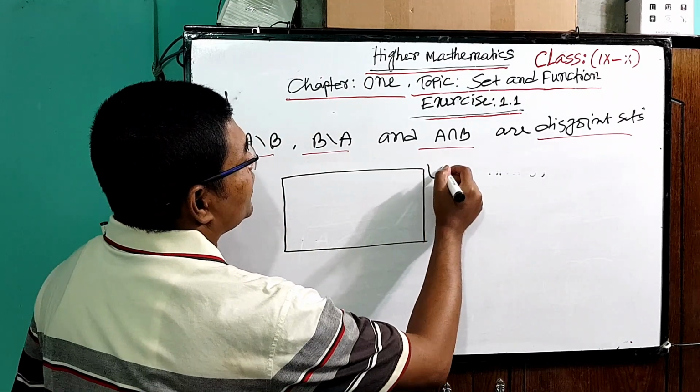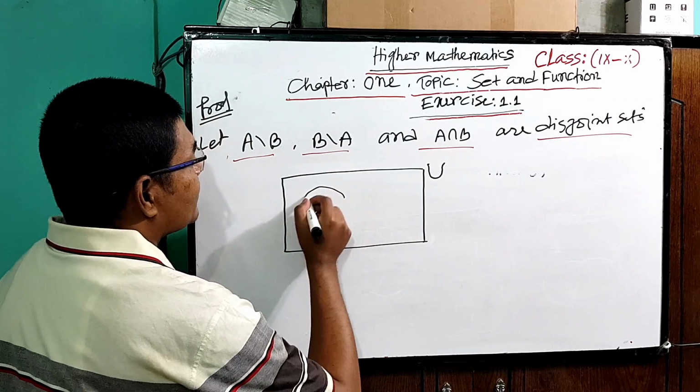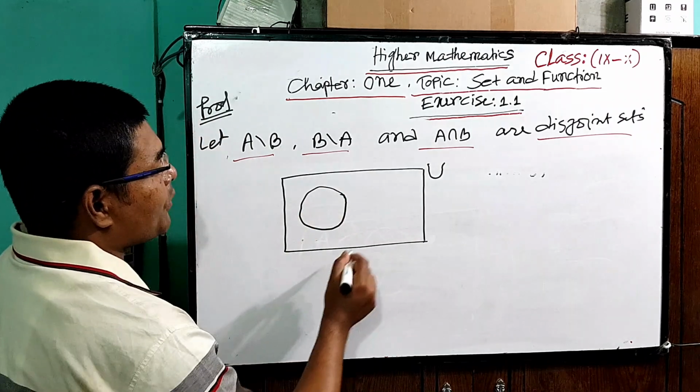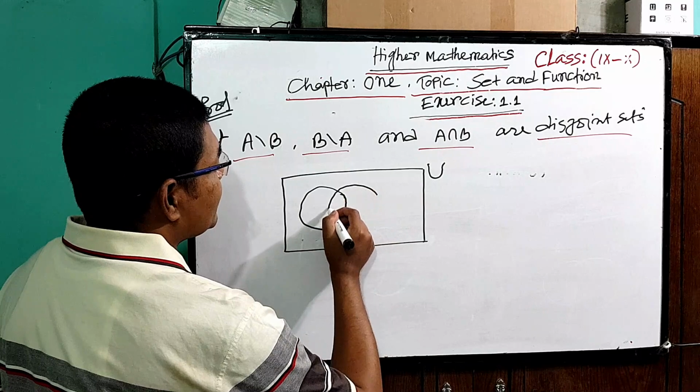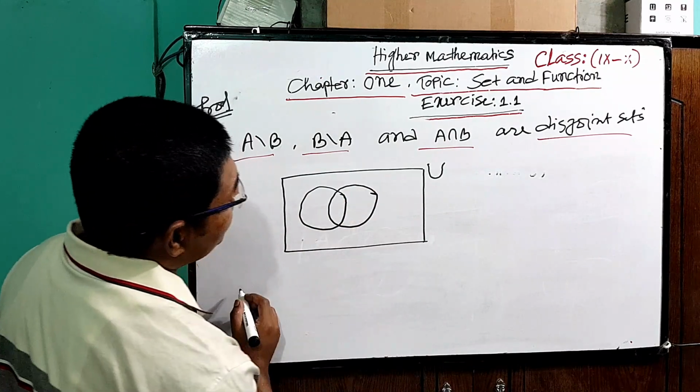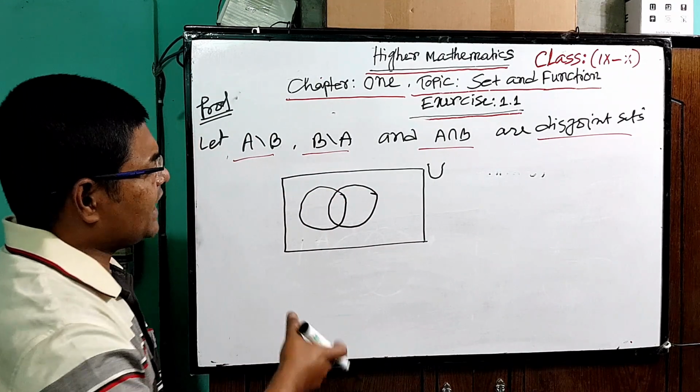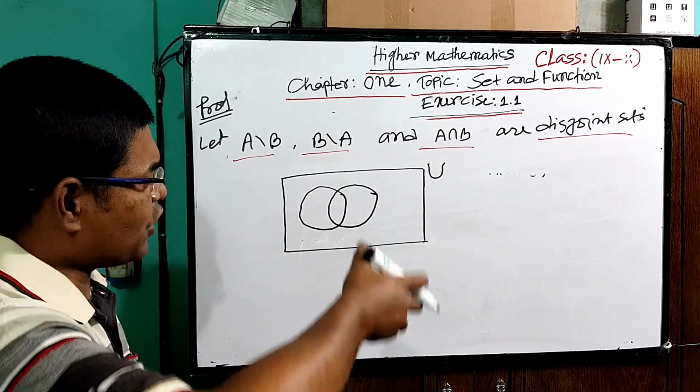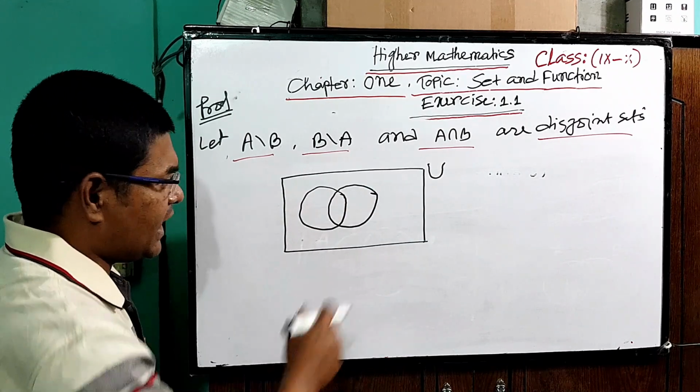This is the universal set, and this is the set of A, and this is the set of B. You can take the pencil compass, then the figure will be accurate.